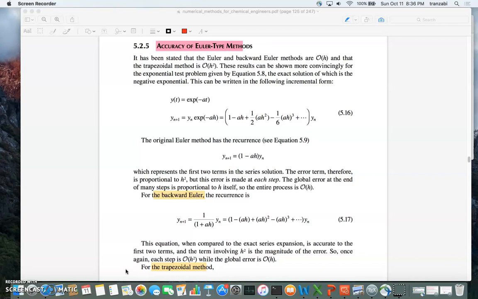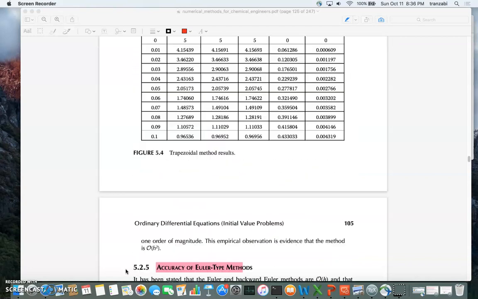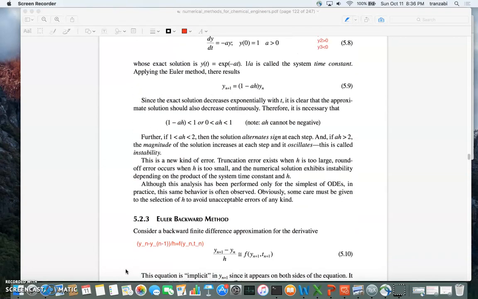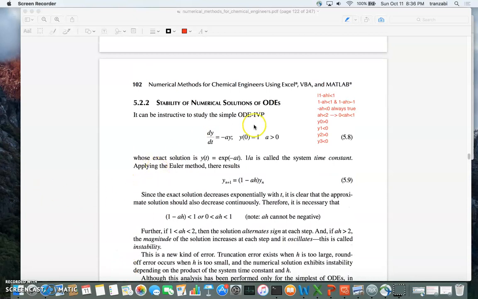So for the stability analysis, if you remember, we started from an equation which was y prime equals minus a times y, right? So we look at this with the given initial condition. We know the solution to this system is exponential of minus at, right? Okay, so with this in mind, we're going to look at the expansion of forward difference using Taylor series and compare it with the exact solution.